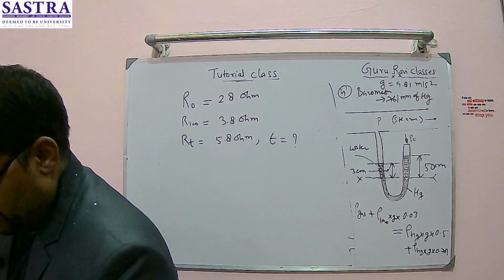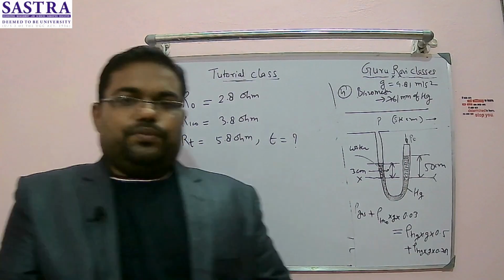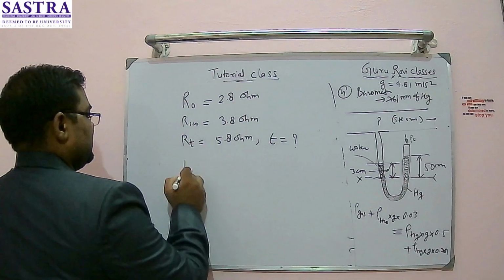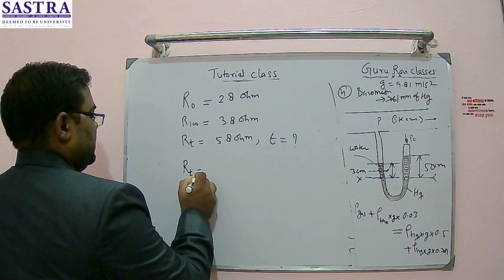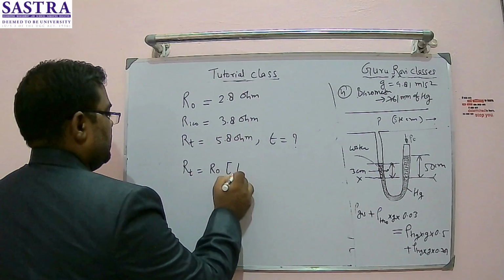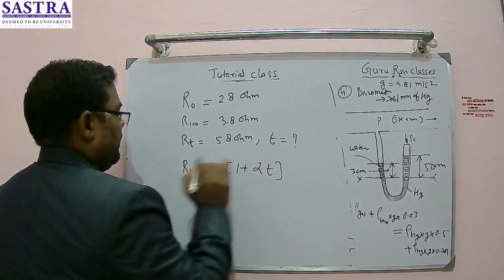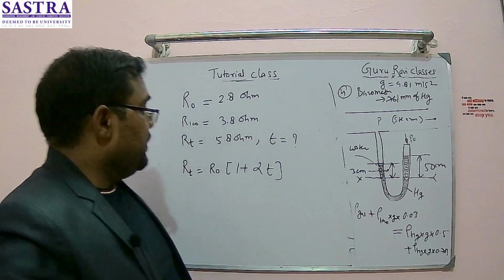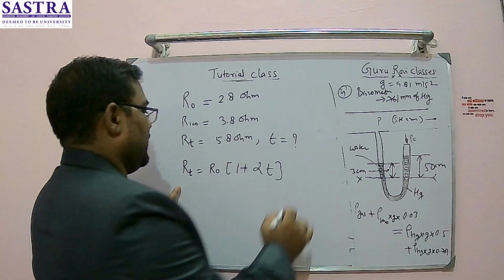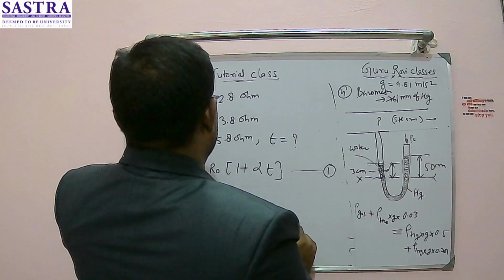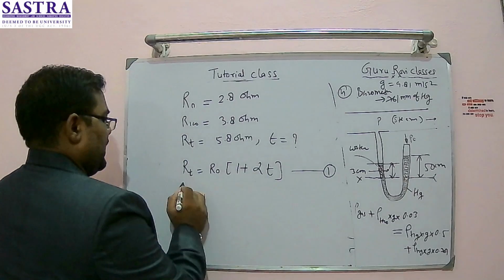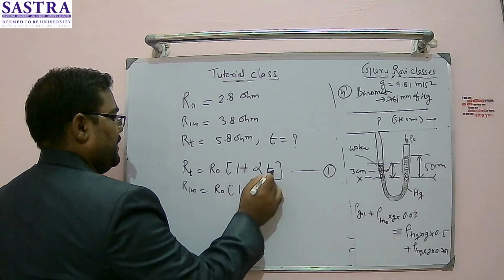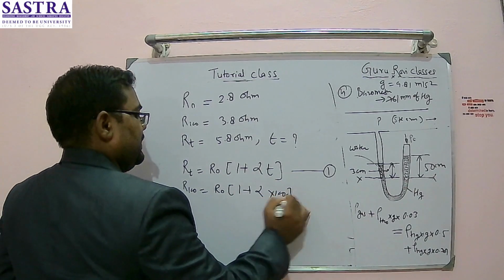This is the first problem based on that. For a platinum resistance thermometer there is one empirical relation to follow, that is RT equals R naught times 1 plus alpha T, where alpha is a constant that needs to be calculated. The same equation can be utilized for R100. R naught is given, so R100 is equal to R naught times 1 plus alpha into T, that is 100 degree Celsius.